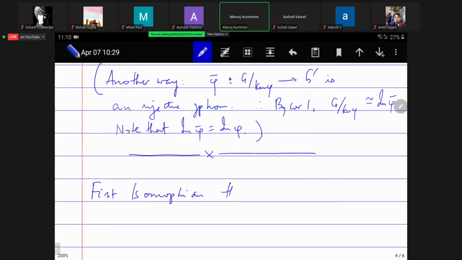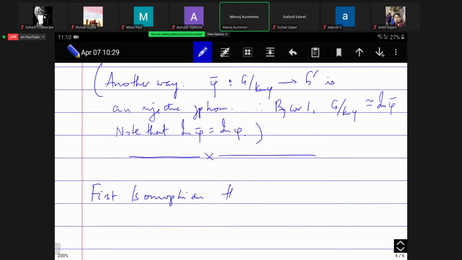Sorry, sorry, give me a minute. I'm slightly confused with that. Just give me a minute. Let me just quickly check what the book says. What is the first isomorphism? I'm sorry, I got it wrong.